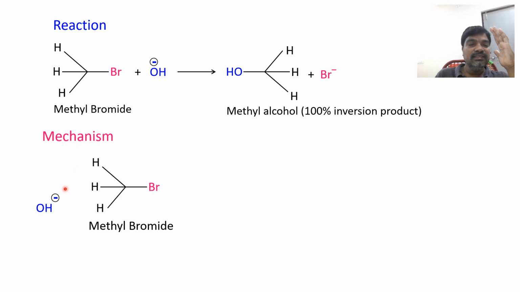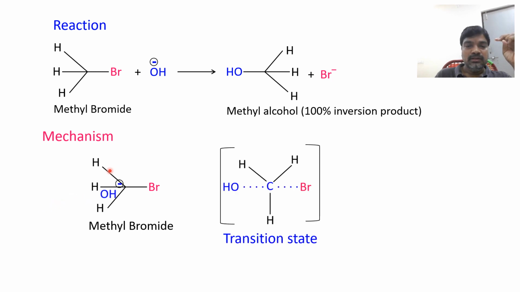Therefore, this OH minus, which is a strong nucleophile, can dominate and hit the carbon atom. Like this, OH minus can attack at the carbon which is opposite to the leaving group.